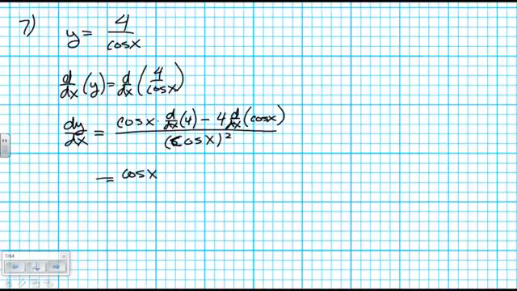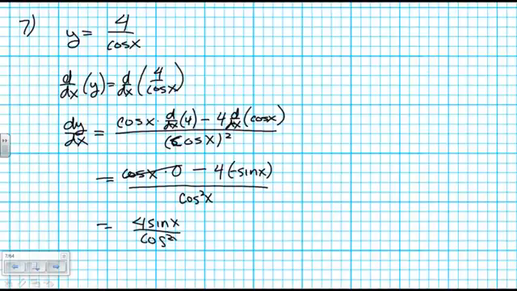Cosine of x, the derivative of 4 is 0, so that part's going to go away. Minus 4, the derivative of cosine is negative sine, and that's all over cosine squared. Cleaning that up, we end up with 4 sine x over cosine squared x.